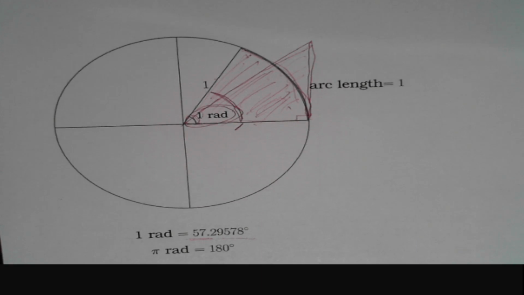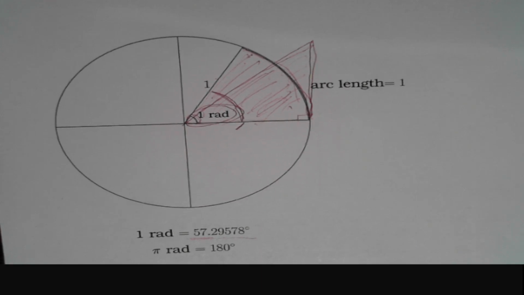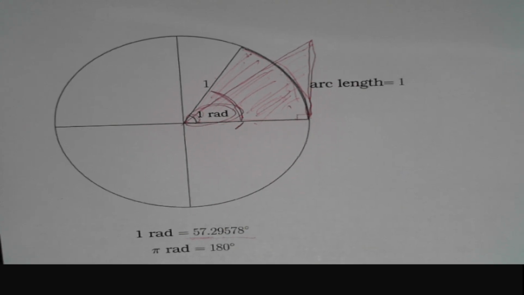So the area of a sector you can get by the area of a triangle formula, 1/2 times base times height. The base of the triangle is r, and the height is r theta, as you saw over here.